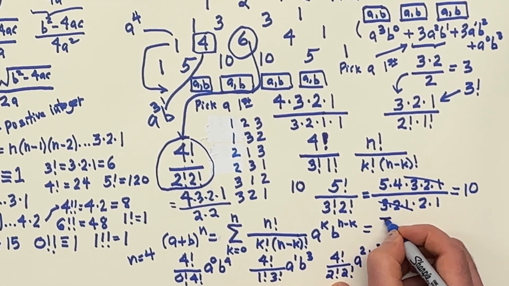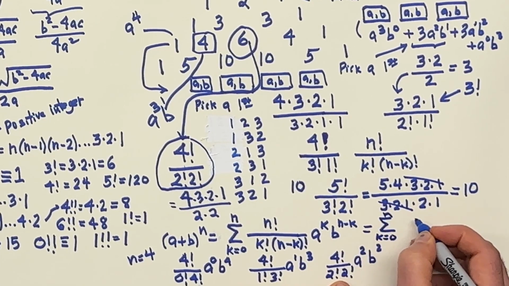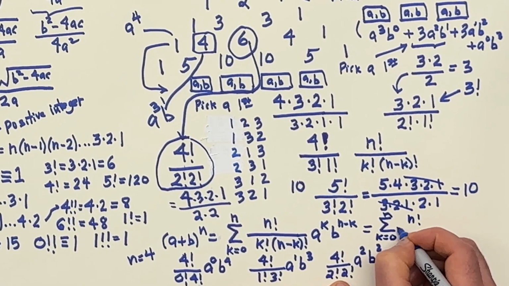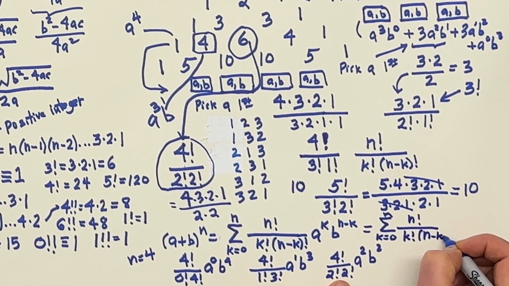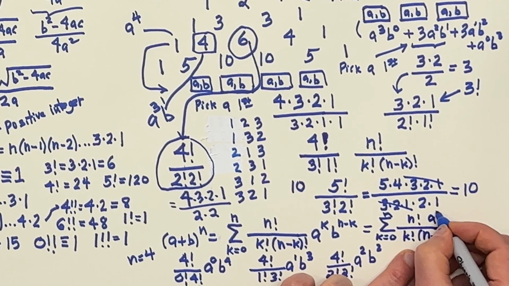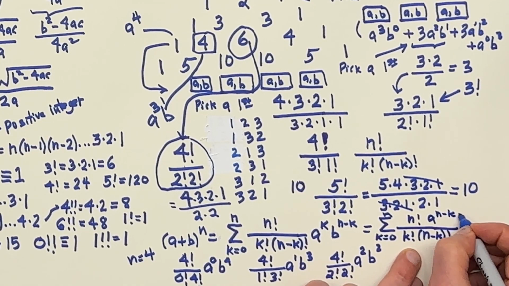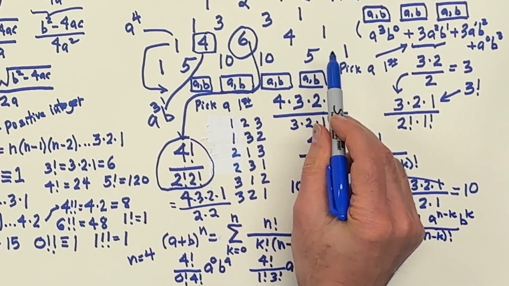And just to emphasize, you could go from 0 to n, n factorial over k factorial, n minus k factorial, and you could put a to the n minus k, and b to the k. You can switch the apples and bananas because there's symmetry here.